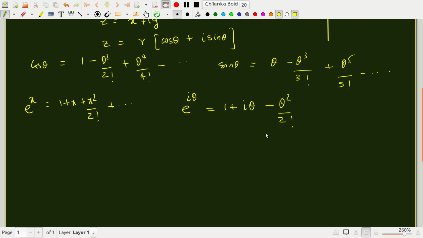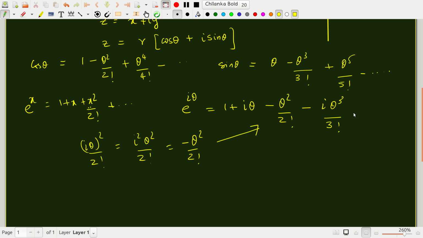The reason why you have minus instead of plus is because you have i theta the whole squared by 2 factorial, which is i squared theta squared by 2 factorial, but i squared is minus 1. Then you have minus i theta cube by 3 factorial, then plus theta to the 4 by 4 factorial, and so on.